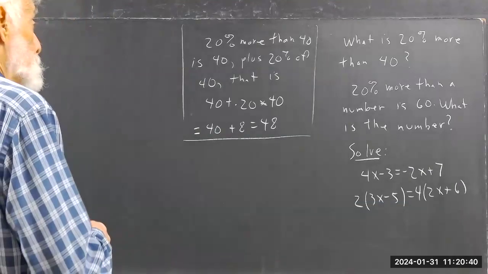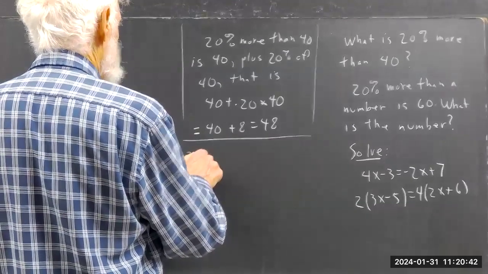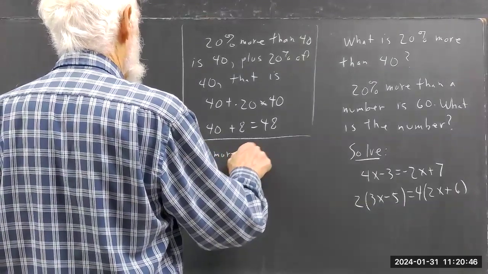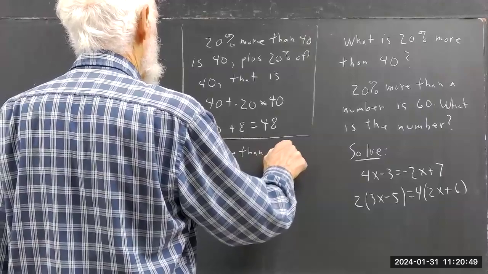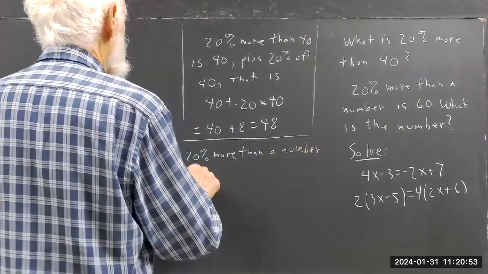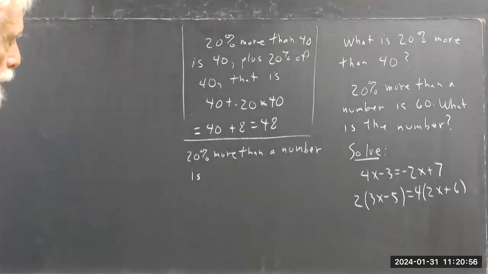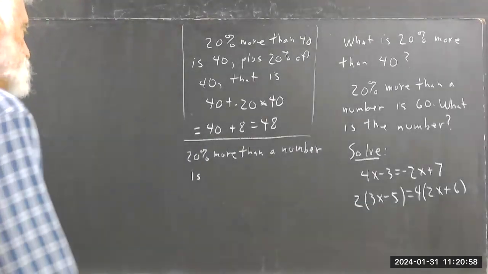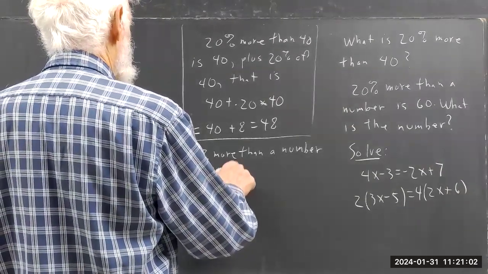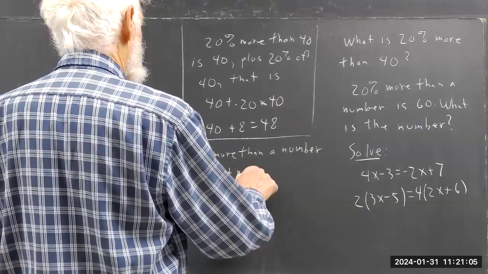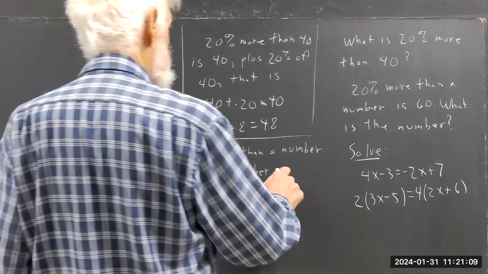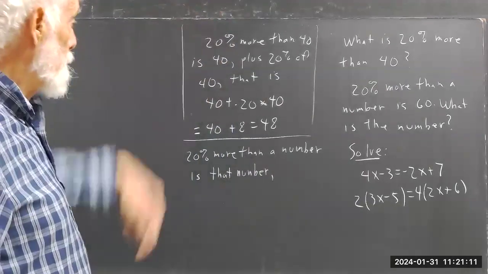All right, so 20% more than a number is, I would say, that number is mimicking what we did here.